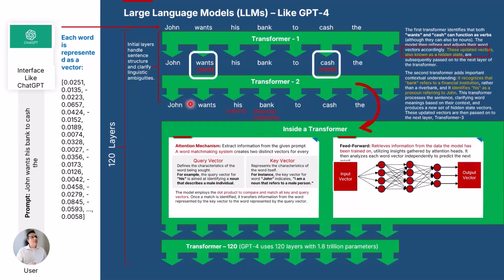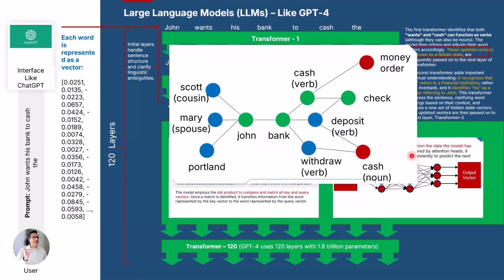Now, if you look at the feed forward on the other side, it relies on the information that it has already learned from the internet. In the feed forward network, similar to the calculation that I showed you about Japan, Tokyo, and London and England, it is essentially a similar concept.